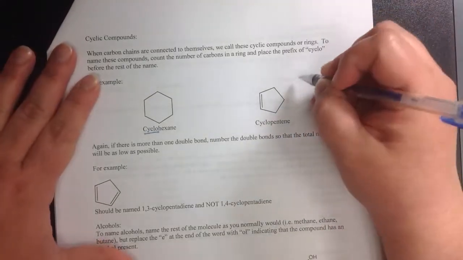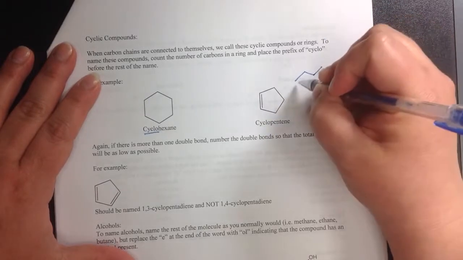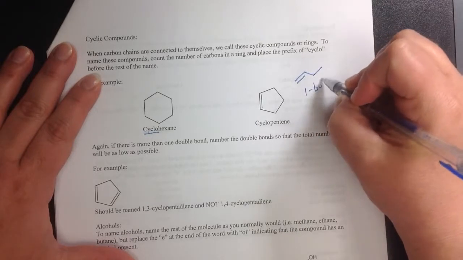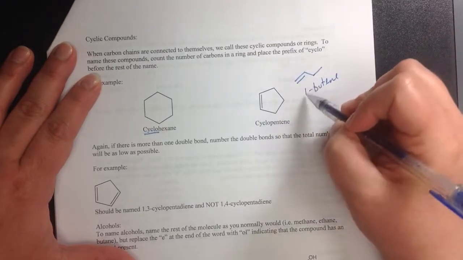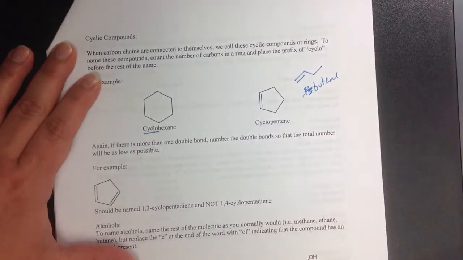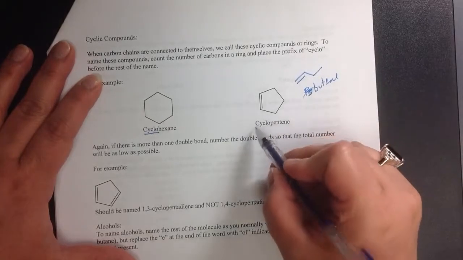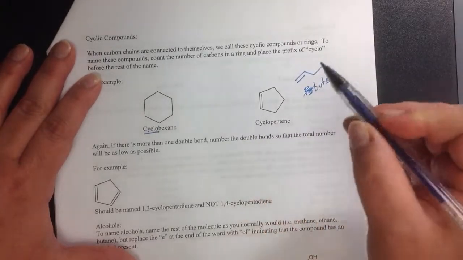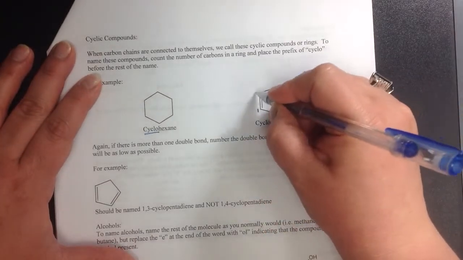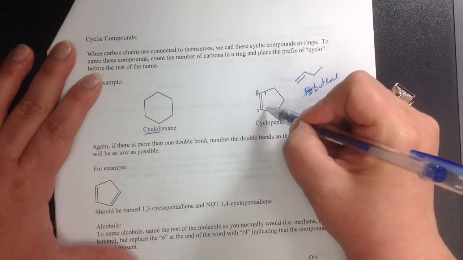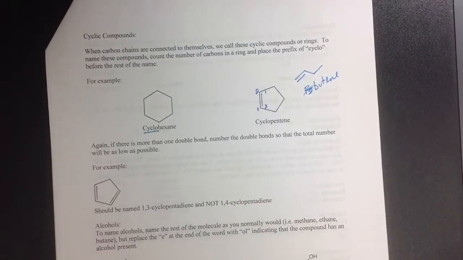But what I didn't say earlier, if you have something like this, that would be 1-butene. Sometimes we just don't even write that 1 because it's understood, just like you don't say 1x, you just mean x in math. So here, cyclopentene means that the double bond is between the first and the second carbon, and it doesn't matter if you number it this way or if you number it this way. It's the same thing, so it doesn't really matter.